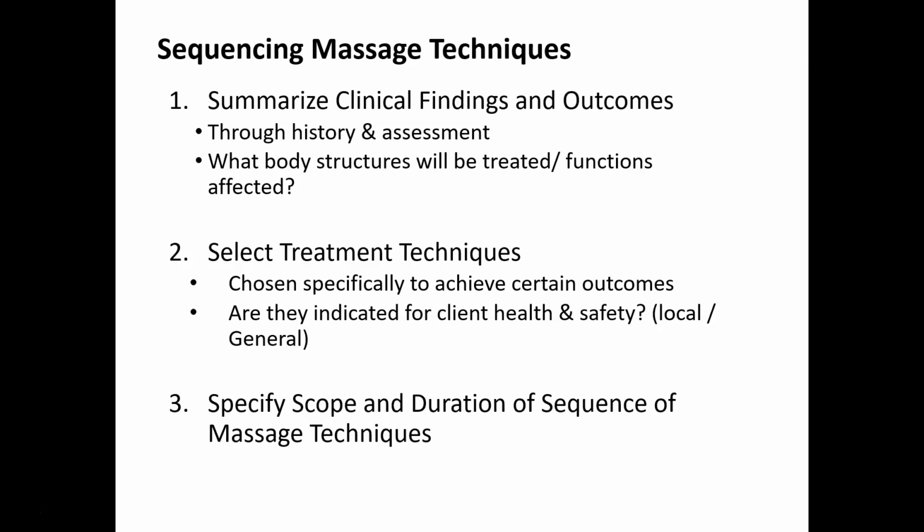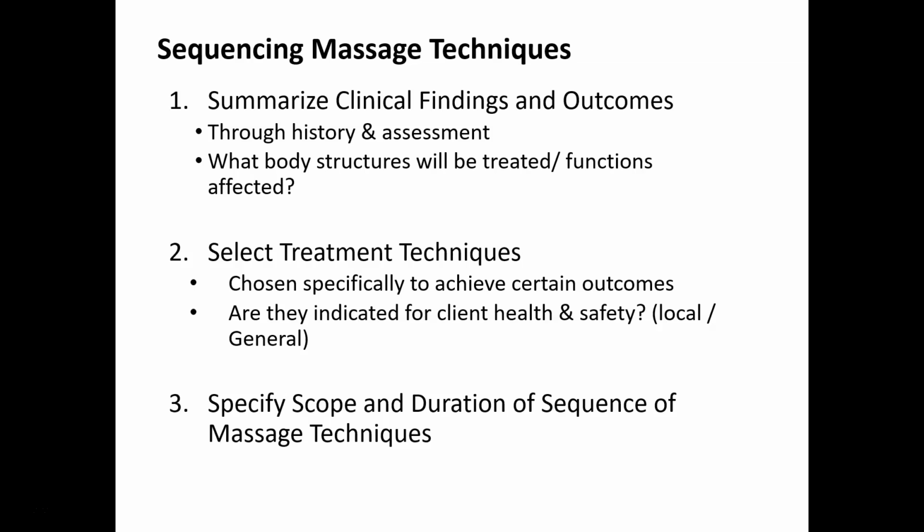Based upon our clinical findings and the outcomes that we chose along with the client for the treatment, we have to consider what structures will be treated and what functions are affected, and then once we have that part done, we select the techniques that we're going to choose. They're chosen specifically to achieve those outcomes that you thought about.